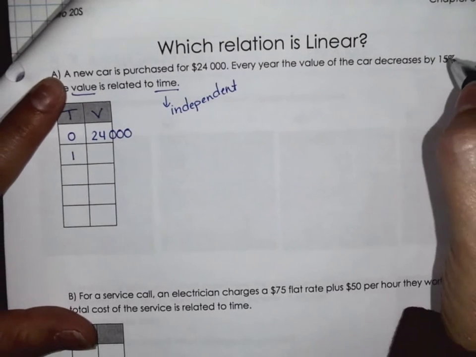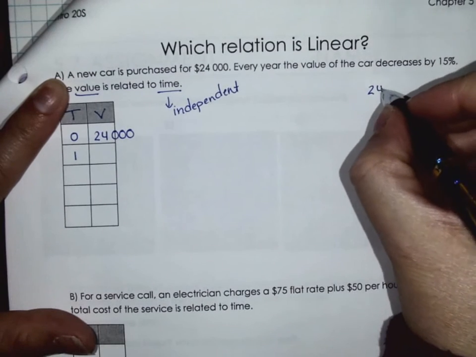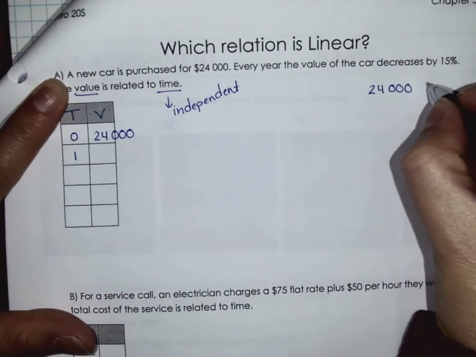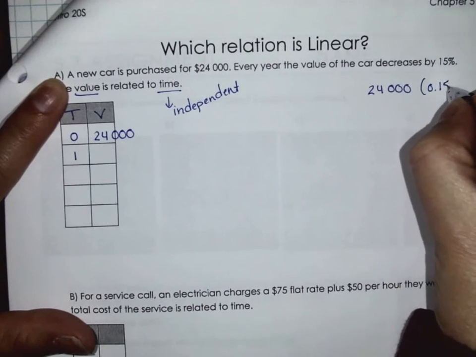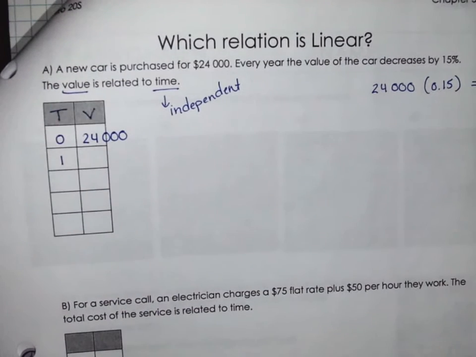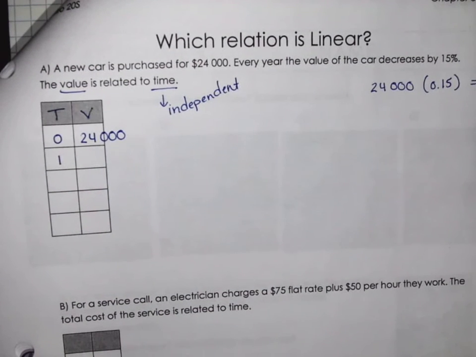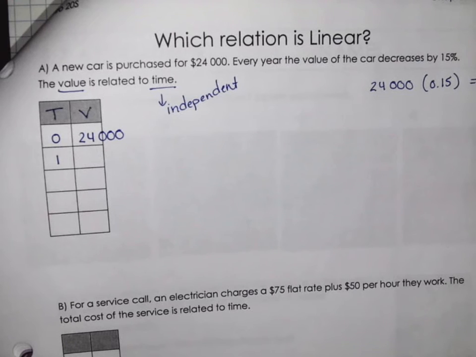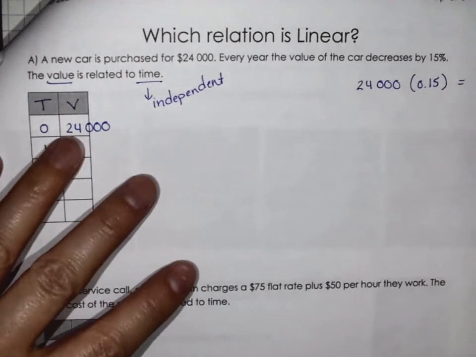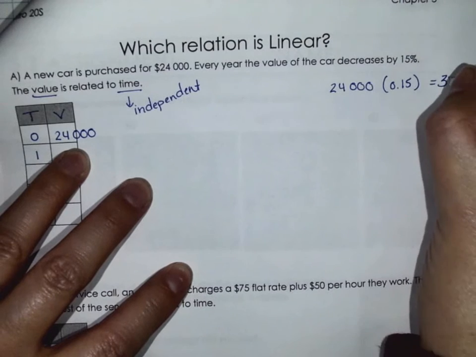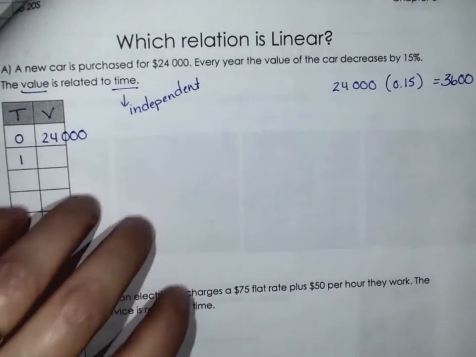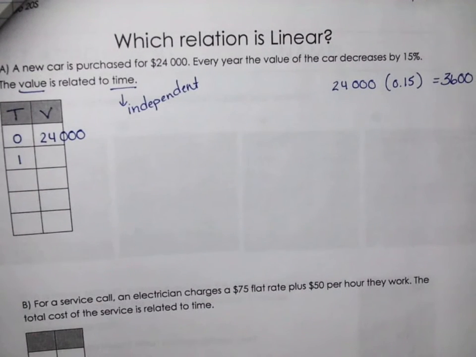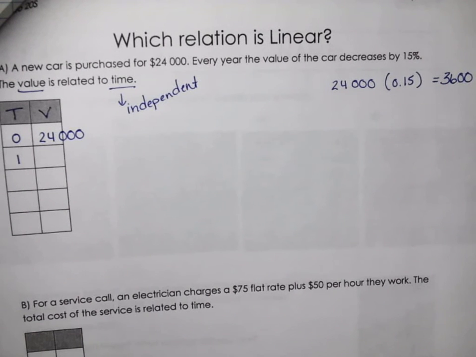So I think what Steve did was essentially you took the 24,000 and you times it by 0.15, and you got, whoo, I'm still graphing. I got the 3,600, right? Is that what the car's worth? Is the car worth $3,600? No. How much is the car worth?